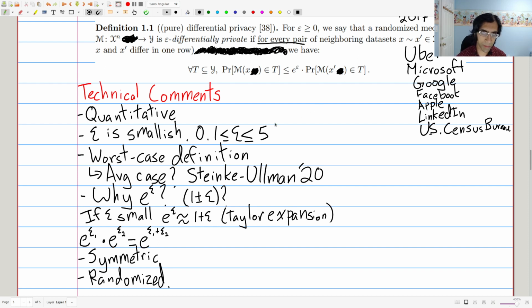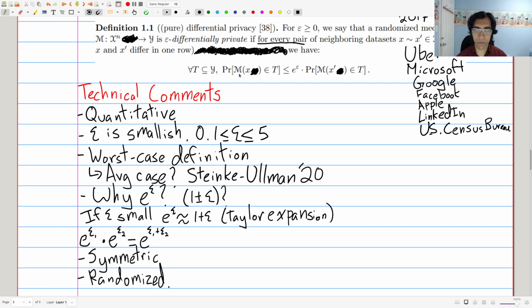Let me comment a little bit more on the randomness here, because it might not have been clear. We're saying that the probability of M run on x is in T. Well, what is this probability over? Where's the randomness coming in? Like I said, x, the data set, is going to be sort of worst case, so this is deterministic. There's no randomness in the x itself.